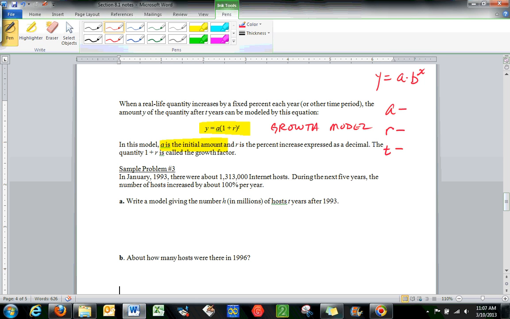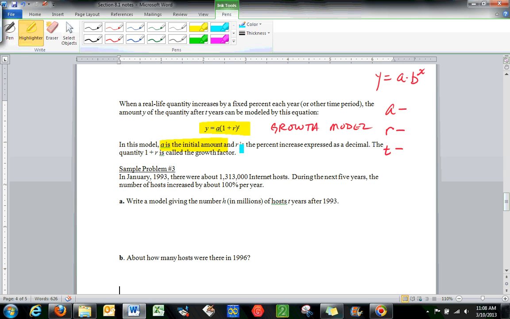the number of internet sites that we deal with, the amount of money that we started off with. It can represent pretty much anything. Now, when we're talking about a growth model, what we're saying is that we're going to start with so much of a particular item, and then it's going to increase at a certain percentage rate.